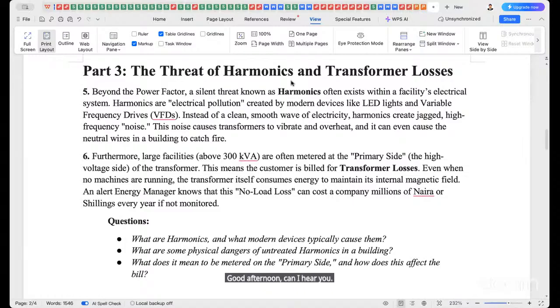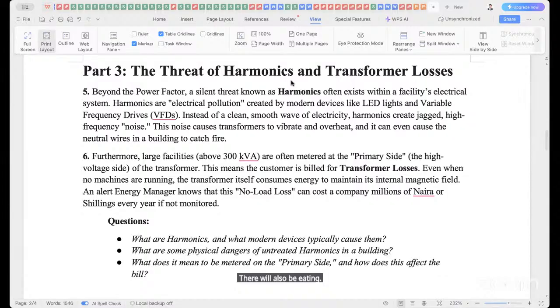So we said there is a reactive power, which we said is wasted. So billing on the primary side, before the power enters the transformer, when the power enters the transformer, there will be losses, such as the reactive power. There will also be heating.